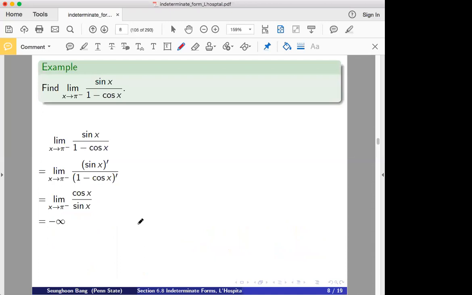Is the answer negative infinity right? Is it true? What do you think? This is wrong. Why?